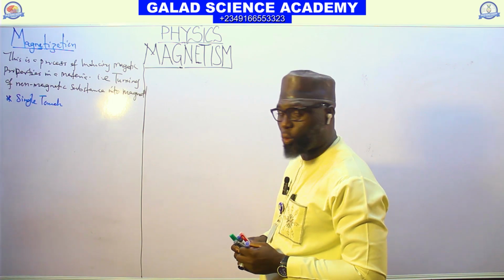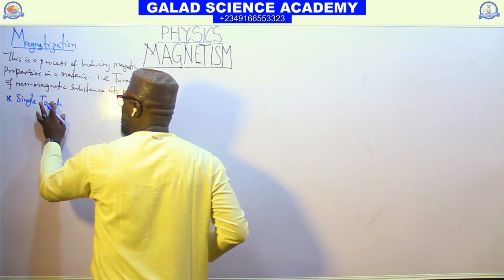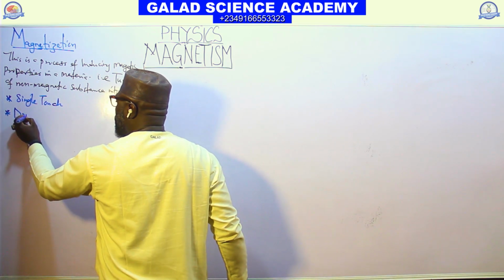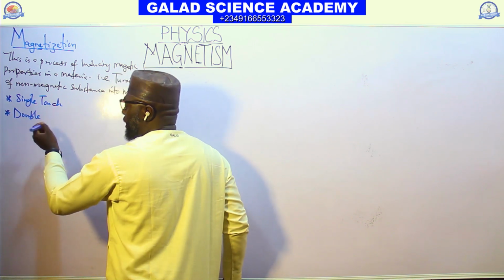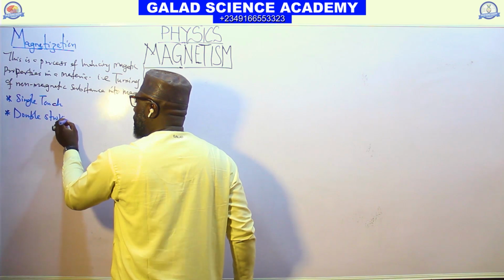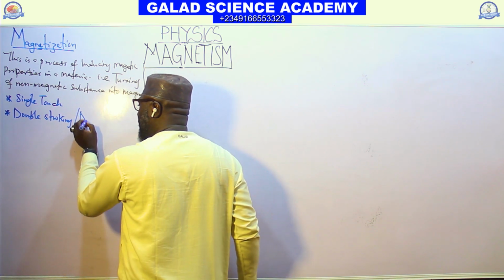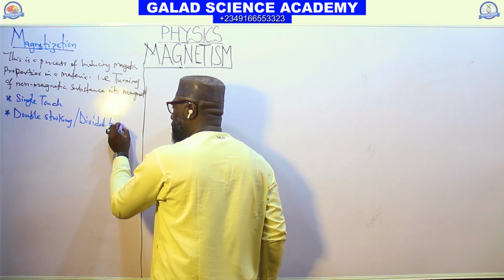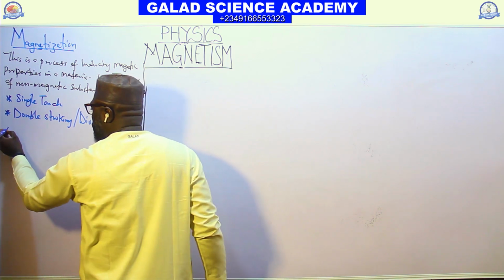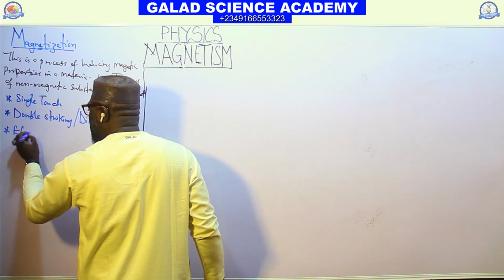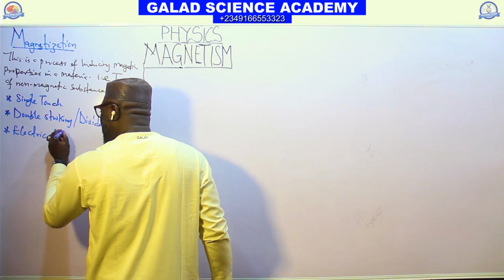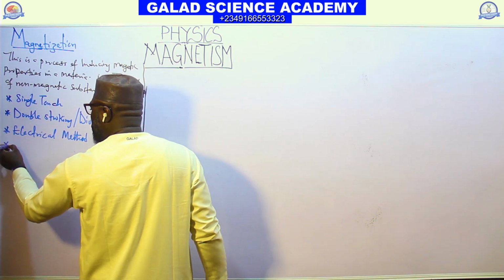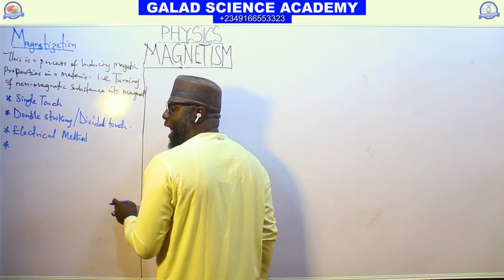Single touch method, and we also have the double stroking method, or divided touch method. And the third one, we have the electrical method. And the next one, we have the hammering method.